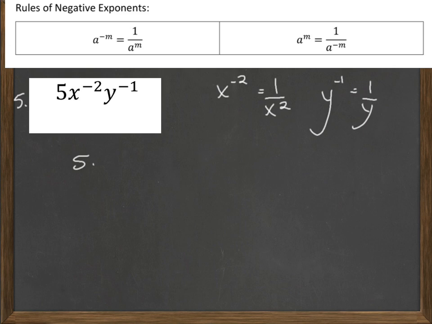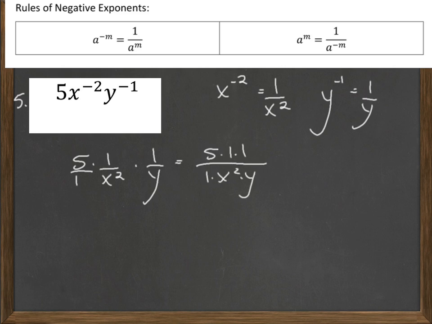So we have 5 times 1 over x squared times 1 over y. If it upsets you that 5 is not a fraction, you could write it as 5 over 1. And then we have 5 times 1 times 1 upstairs, and 1 times x squared times y downstairs. So the simplest way to express this answer is 5 divided by x squared y.